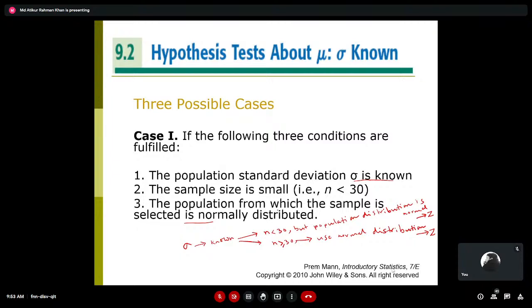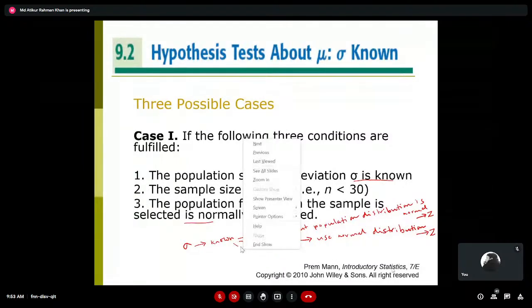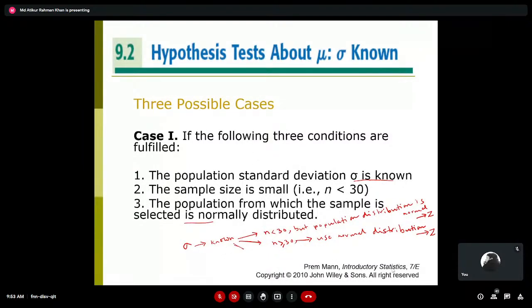Sigma is known, but the sample size is small, and the population distribution is not normal.